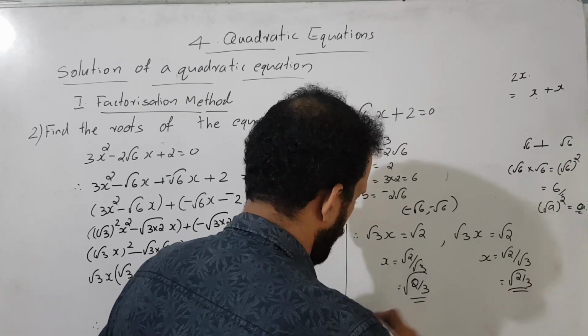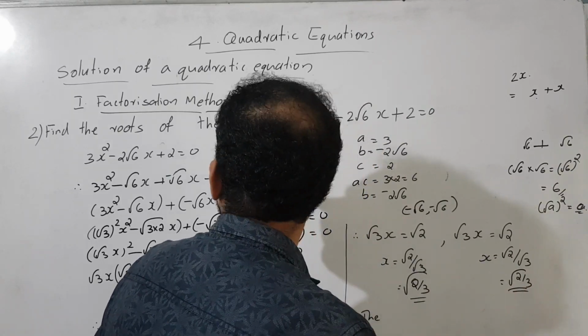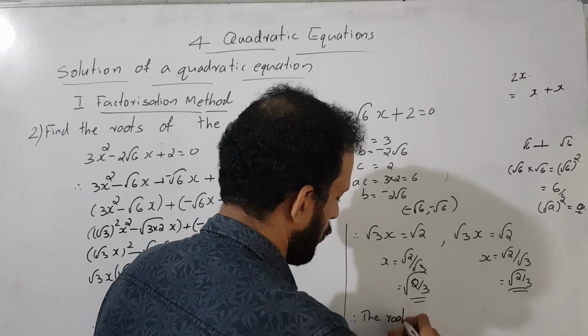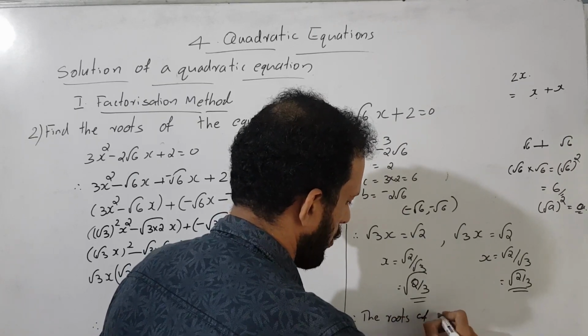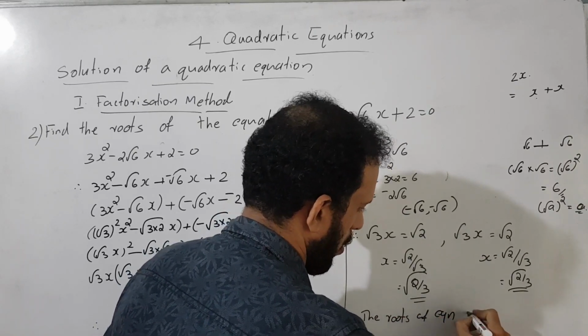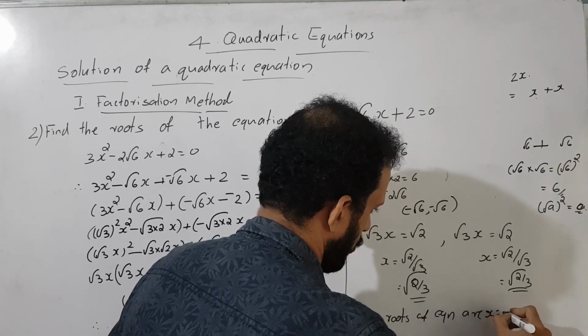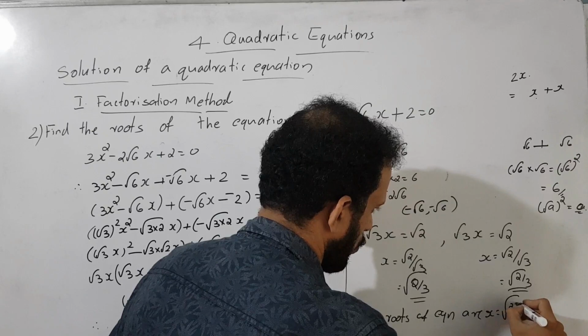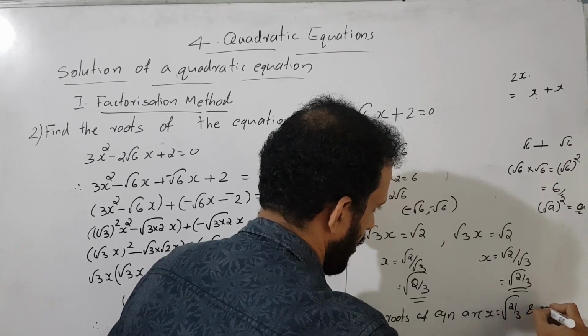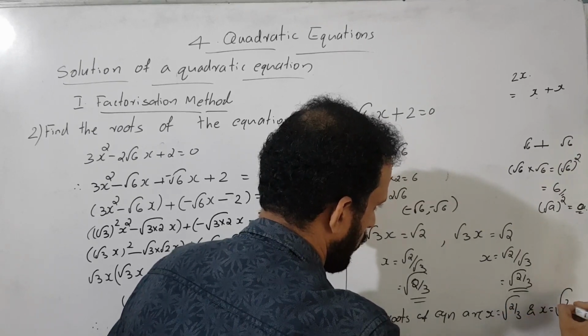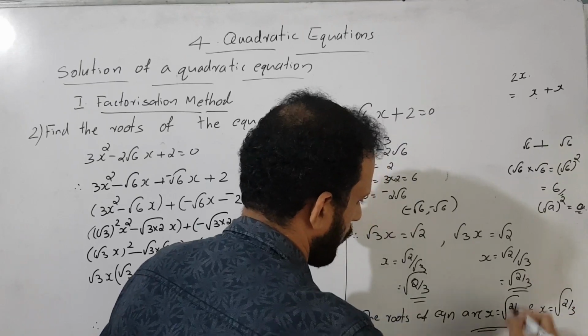Okay, therefore the roots of the equation are x is equal to root of 2 by 3 and x is equal to root of 2 by 3.